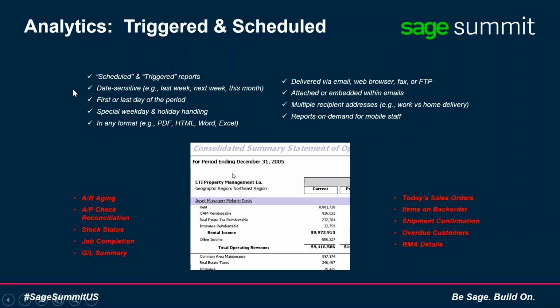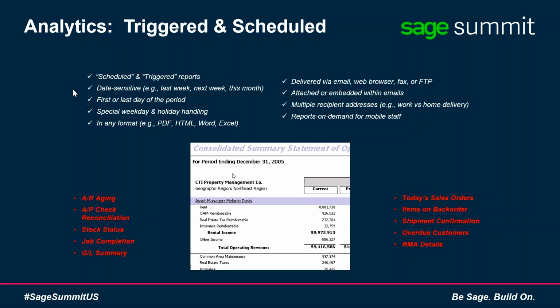A scheduled report is pretty obvious. Maybe every Monday morning we want Alerts and Workflow to run our AR aging report and deliver it to a number of folks within our organization. But for my money, triggered reports are really where it's at. Because a triggered report is one that gets generated only if and only when critical time-sensitive business conditions exist.